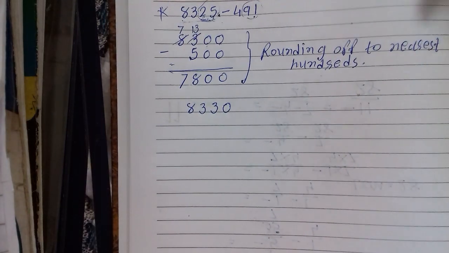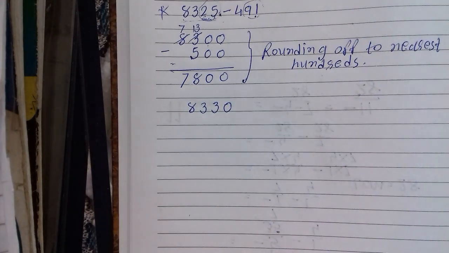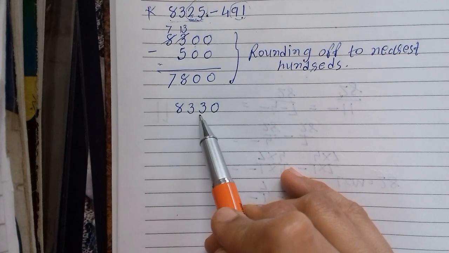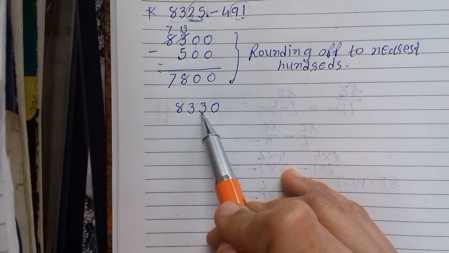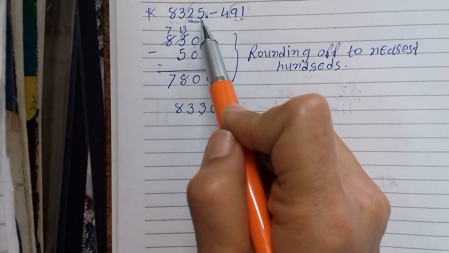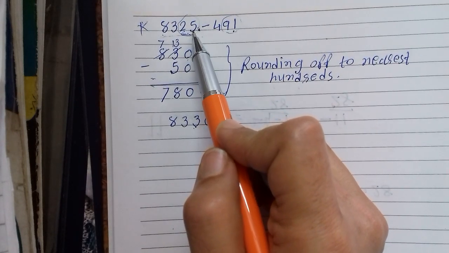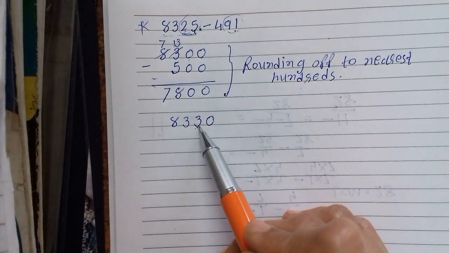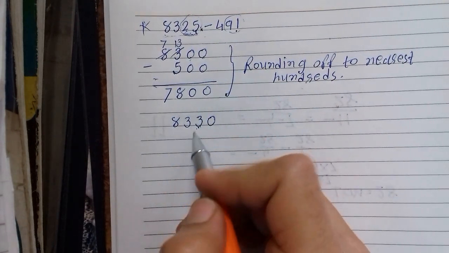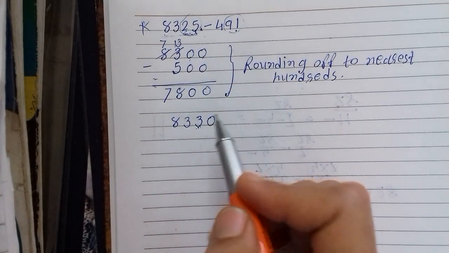Right? Then why do we add 1 in the next digit? Because number 5 is equidistant from both 0 and 10. So it is a common practice to round it off as 10. So here we will add 1 in the next digit.